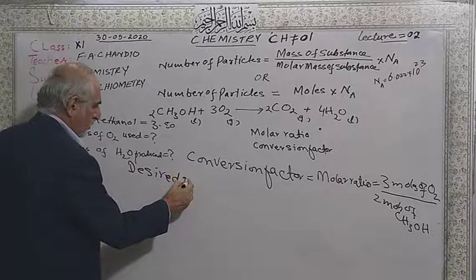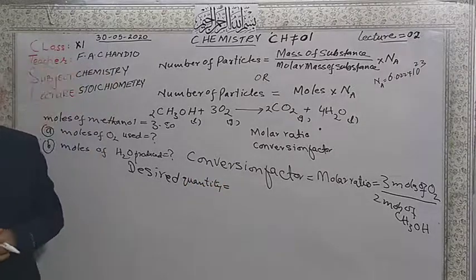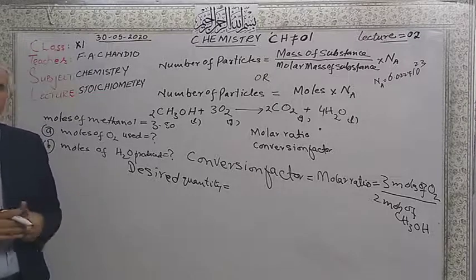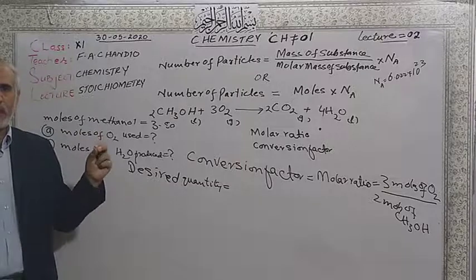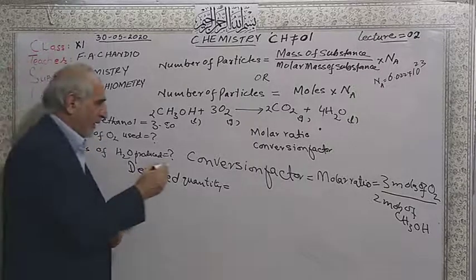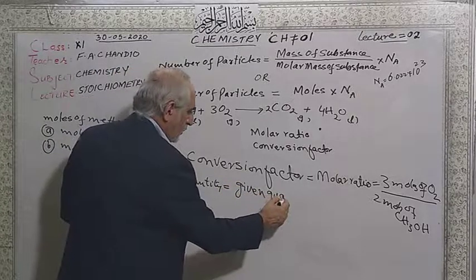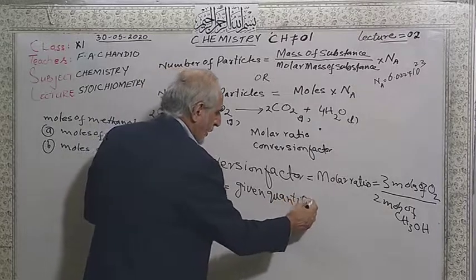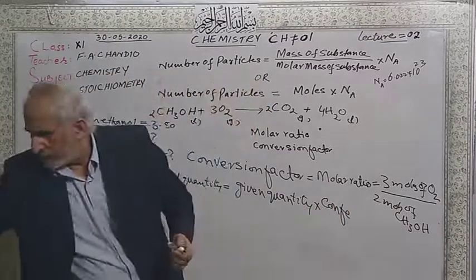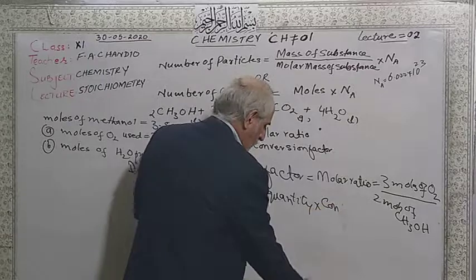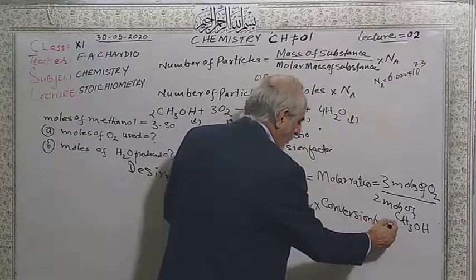The desired quantity is given quantity multiplied by conversion factor.